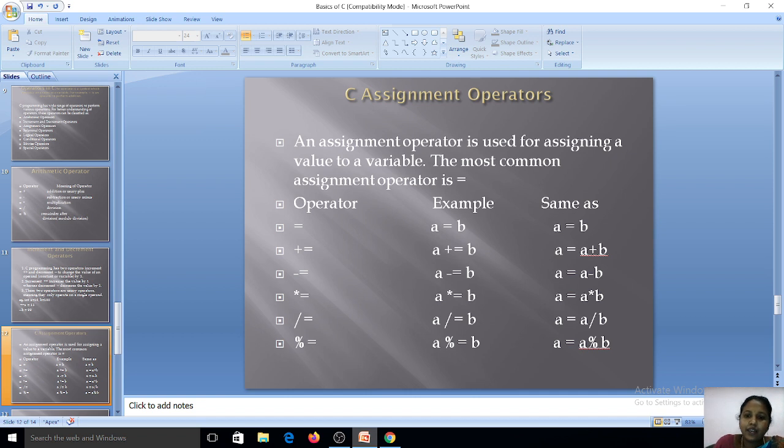Here A minus equal to B is the same as A equal to A minus B. We can use it for multiplication, division and modulus as well. Kindly note it: when the variable on the left hand side and right hand side is the same, we can use the shorthand assignment operator.